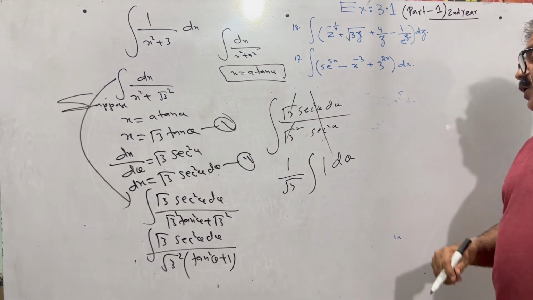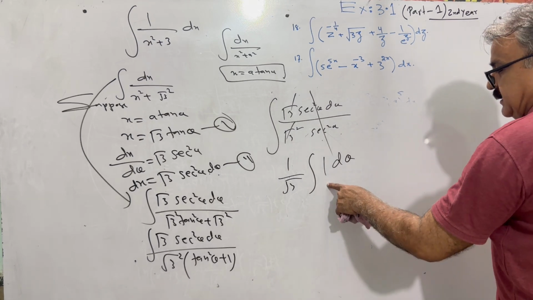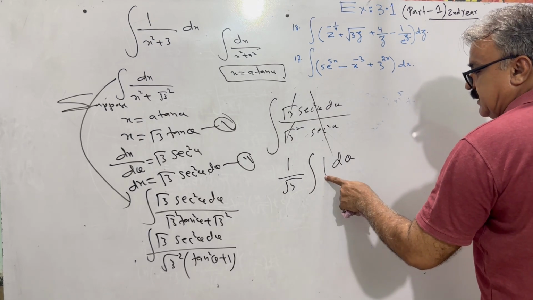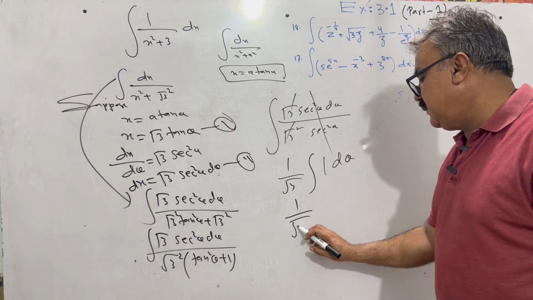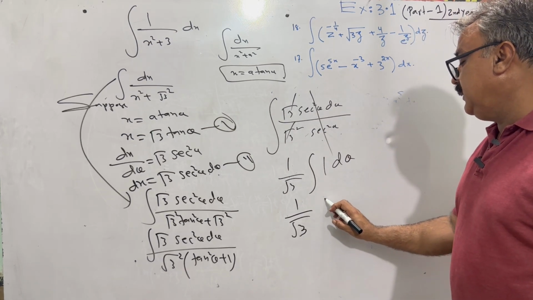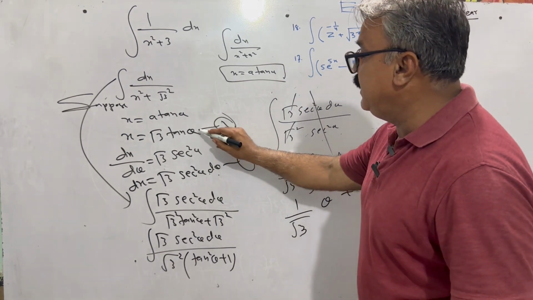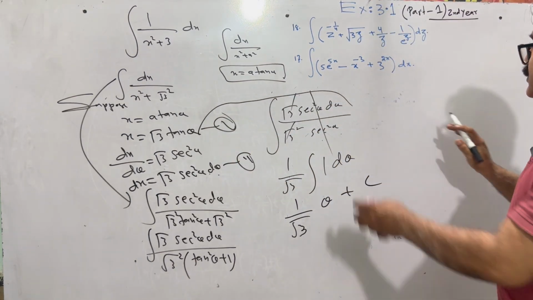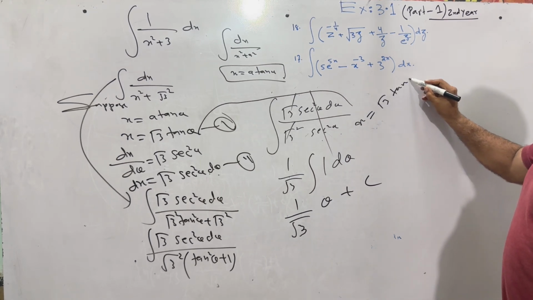Ask yourself, 1 is the differentiation of what with respect to theta? It is the differentiation of theta. So the integration of 1 is theta. 1 over root 3 times theta plus c. Find the value of theta from what we have supposed. We have assumed that x is equal to root 3 tan theta.